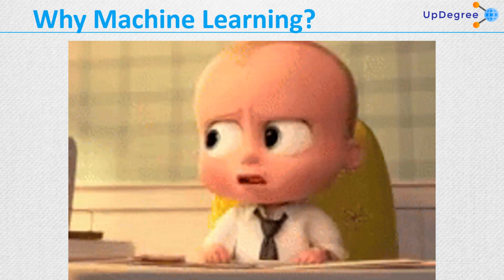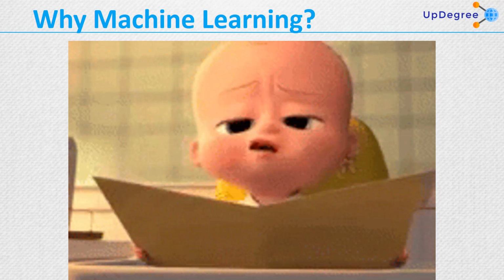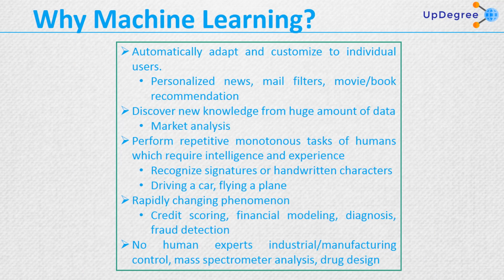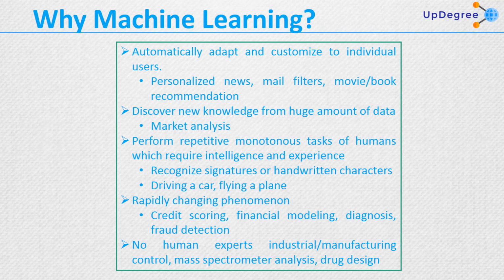But if the task is monotonous, even if it requires lots of intelligence and experience, in those cases we can use the machine learning model to replace human beings. As examples, recognizing signatures or handwritten characters, driving a car, flying a plane, or landing a plane on the runway. In those cases, we can use machine learning models to work better than human beings.